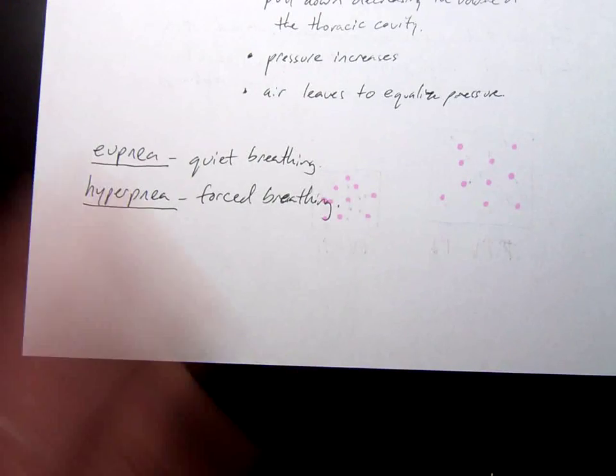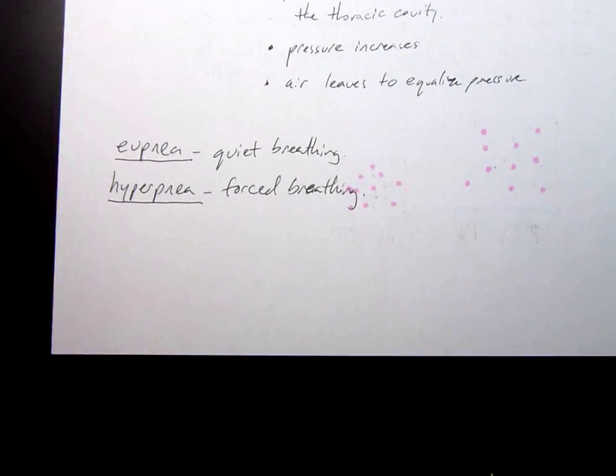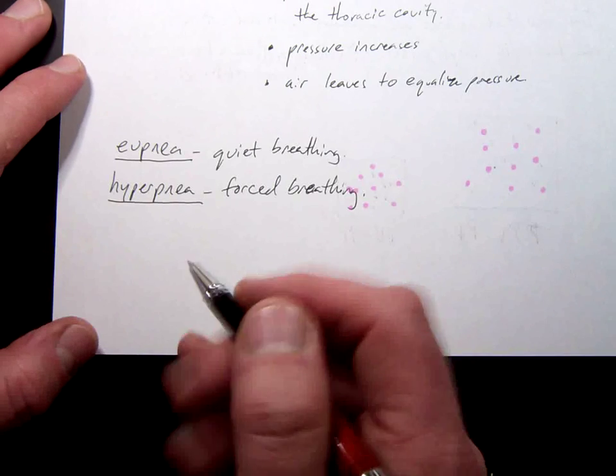Okay, last thing I want to throw in here is what happens if air or other fluids end up in that pleural cavity. What do we call that? The lung goes from this to that. What's that? Collapsed lung. Do you guys remember the word for that? It's on your first primer, I think.